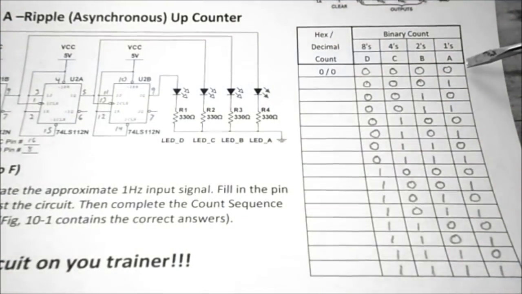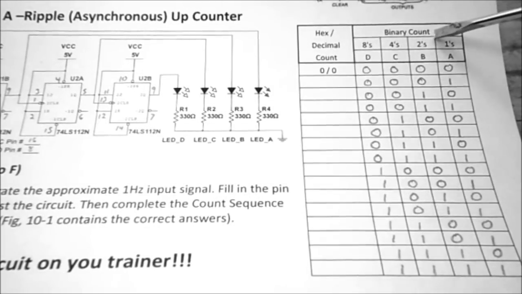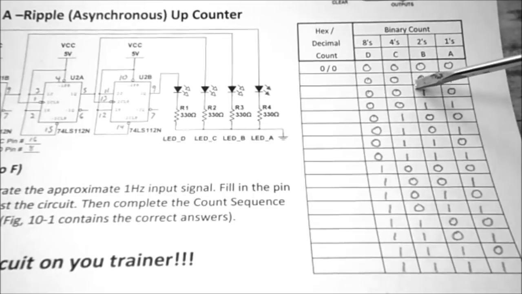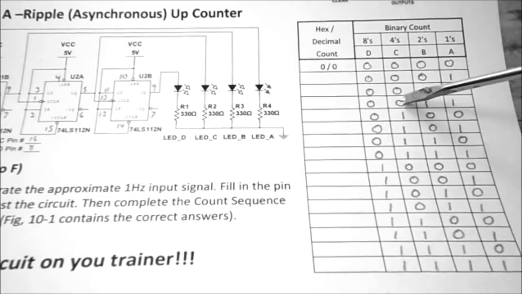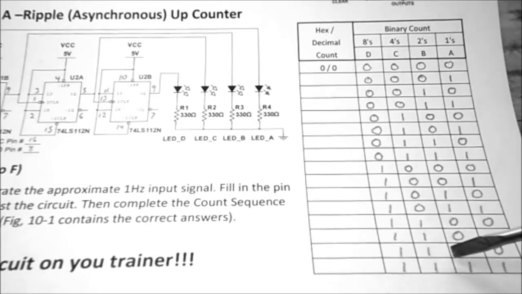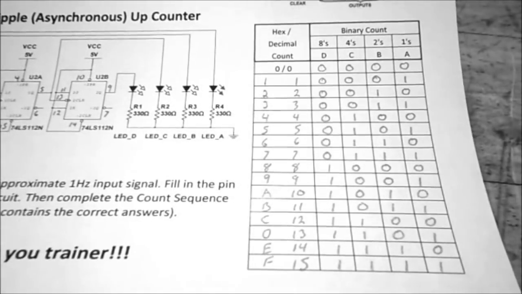So filling in your truth table for the binary count, start at all zeros, then it went to 0001, and then 0010, all the way up to 1111.